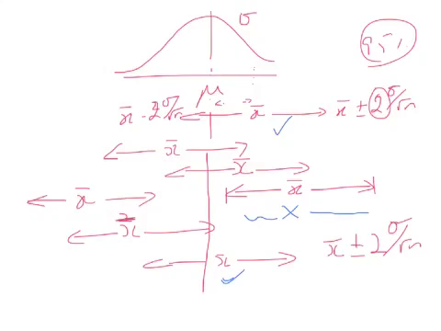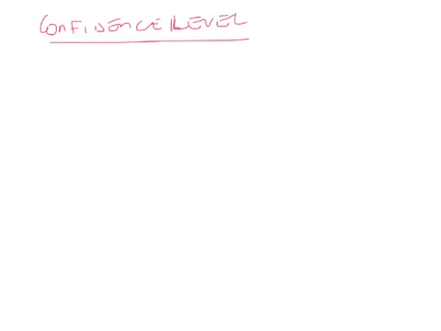So now we need to focus on how to go about calculating the limits based on a particular confidence level. So we need a couple terms. One is what we call the confidence level, which we define as 1 minus alpha. And we will define it as follows.